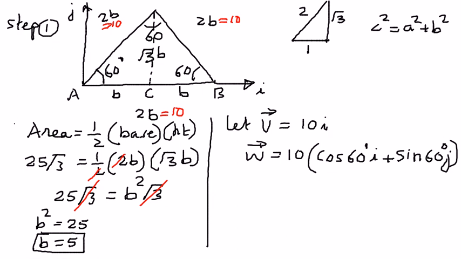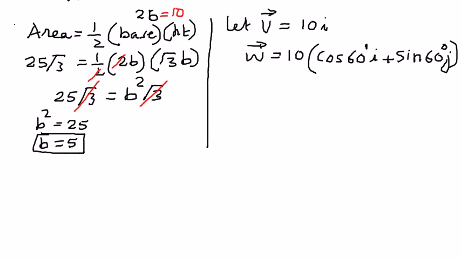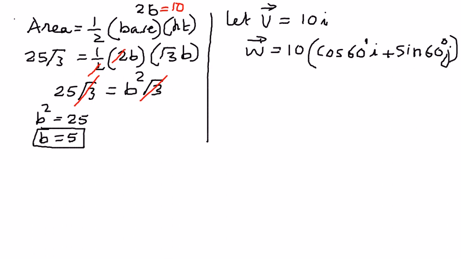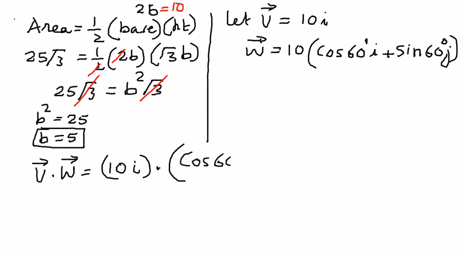Therefore, what we need to do now is find the dot product between these two. So vector v dot vector w, that is going to be 10i dot, this is the dot, cosine 60 degrees i plus sine 60 degrees j.